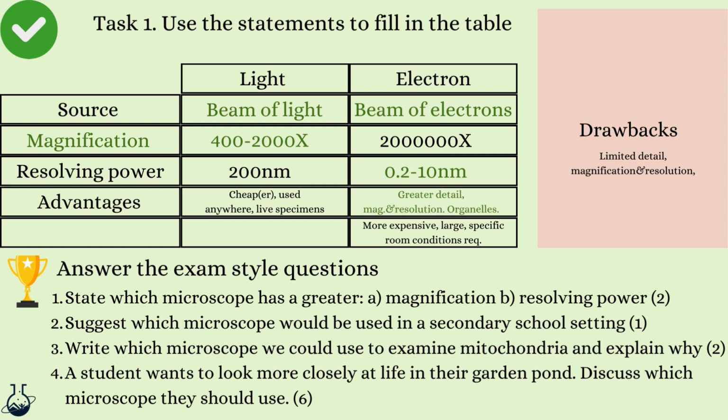Advantages of electron microscopes is that they provide greater detail, magnification, and resolution, with the ability to study organelles within the cell. However, electron microscopes are more expensive, so we are now referring to drawbacks, where light microscopes have limited detail, magnification, and resolution.